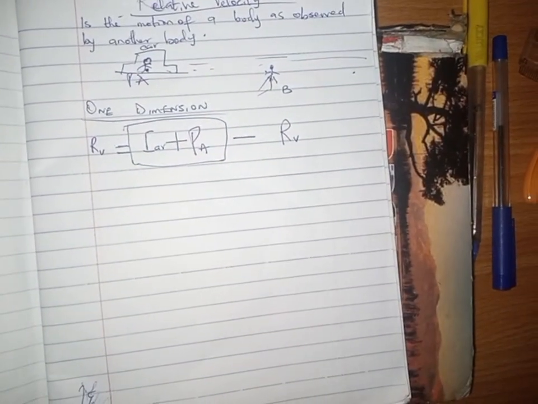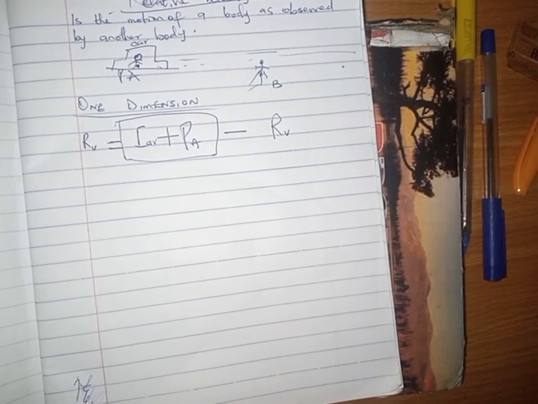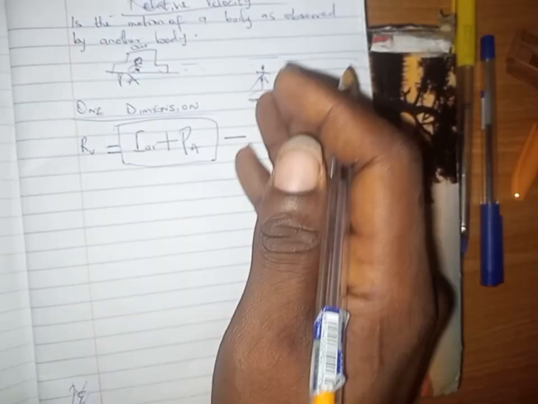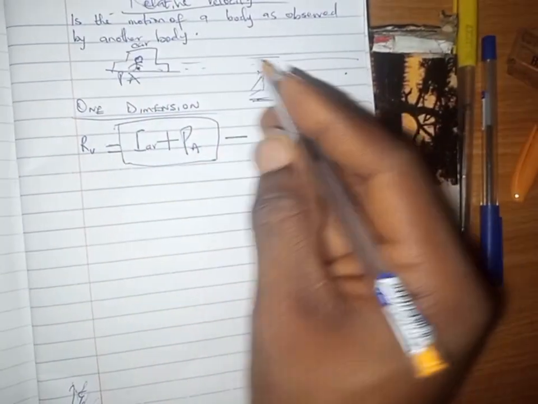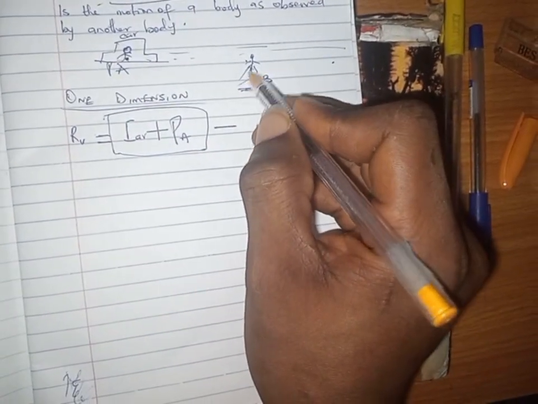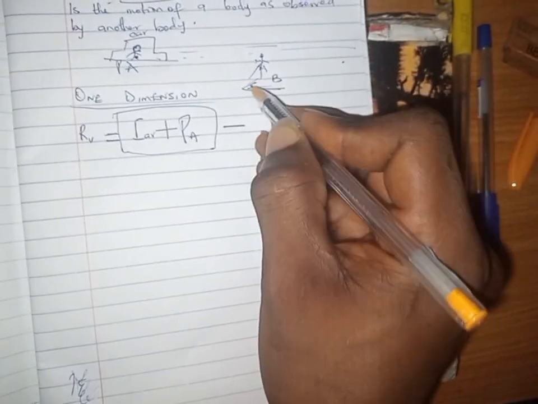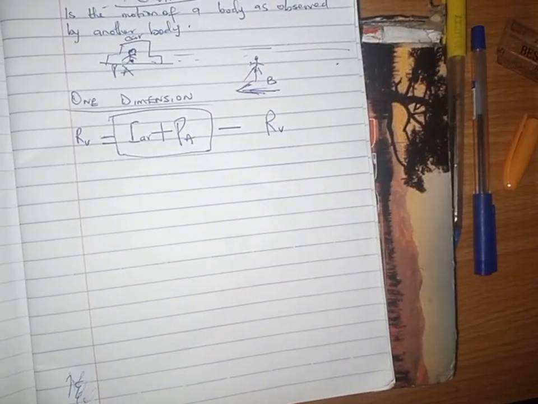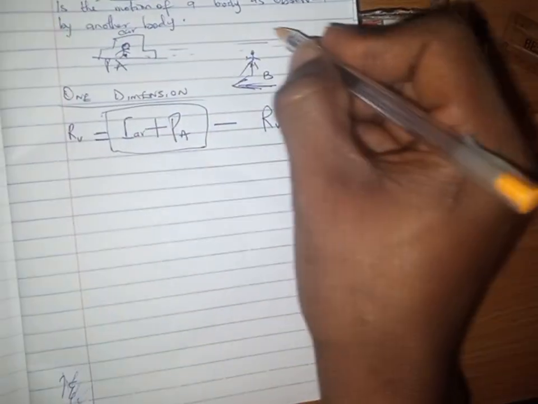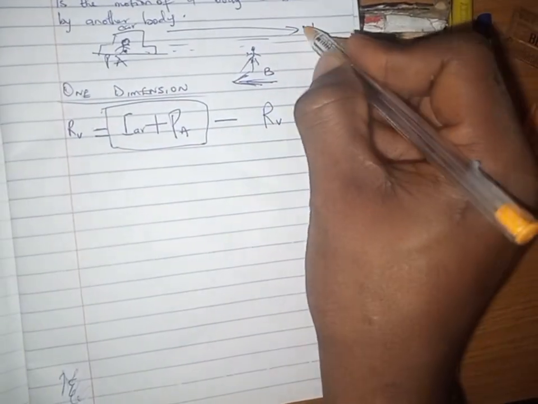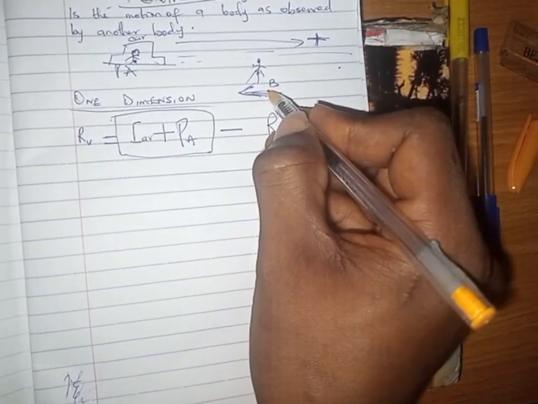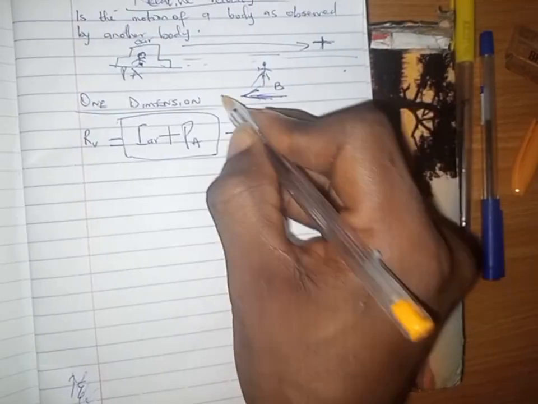So notice something. This is a case where this person is not moving and this person is moving. And if that is the case, it simply means that we can easily take it that it's more like saying that this person is going this way and this person is going this way. So if this is the x-axis, this side is positive, and this side is negative.